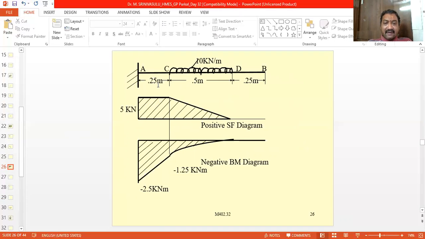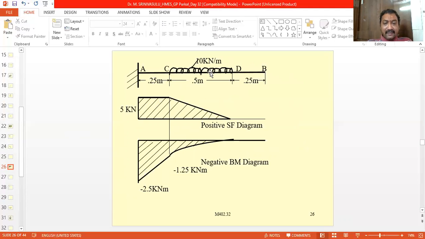So it is ending at 0.75 meters from the fixed end, and this is the leftover length. So this is the loading diagram as per the given data.